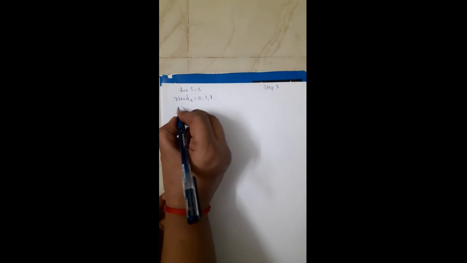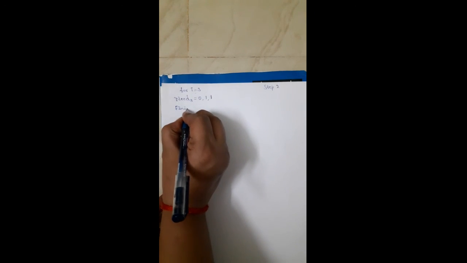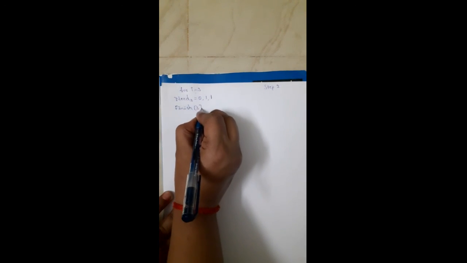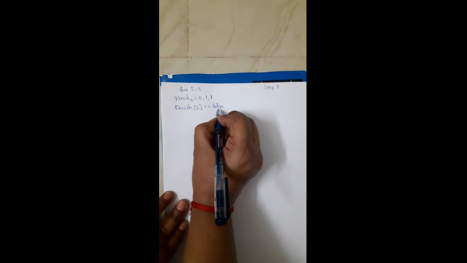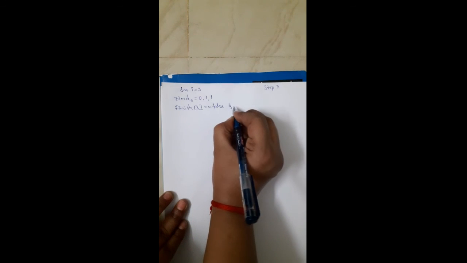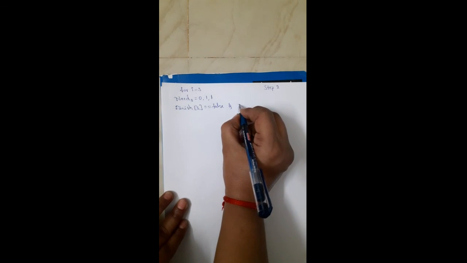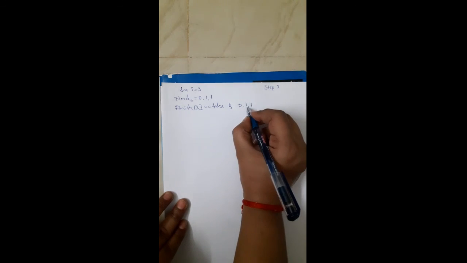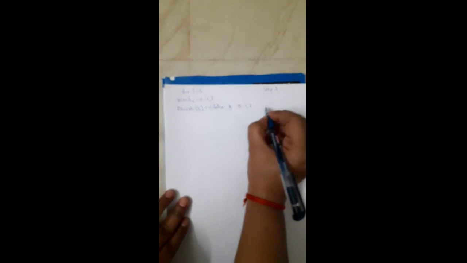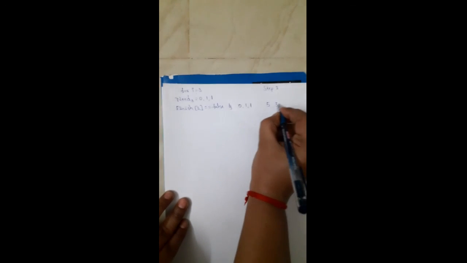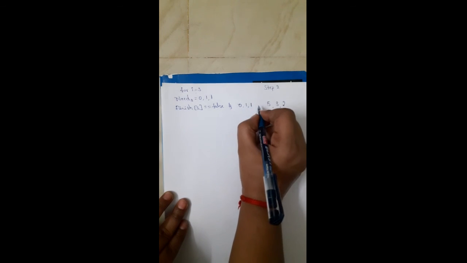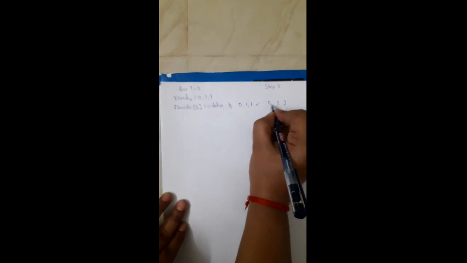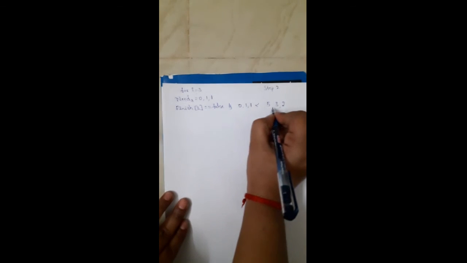Now finish of 3 is equal to false. Yes, it is, right? And need, what is the need of this? It is 0, 1, 1. And we have to compare this with work, right? Now the work value is 532. Need is lesser than work, right? So this condition holds good.